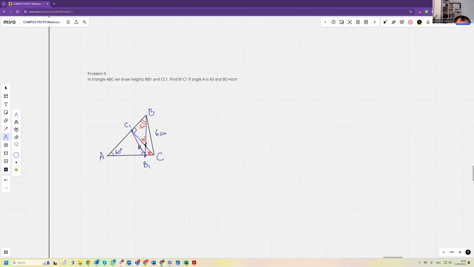Okay. So we can find these angles. So this is 120. So angle BKC is 120 degrees. And so is angle C1KB1 is 120 degrees.